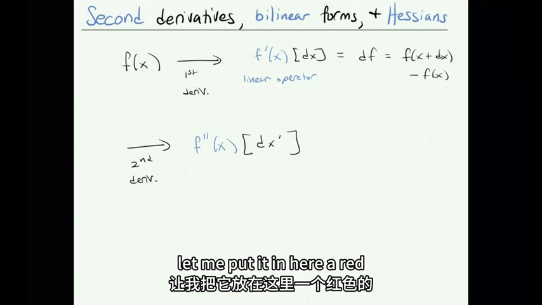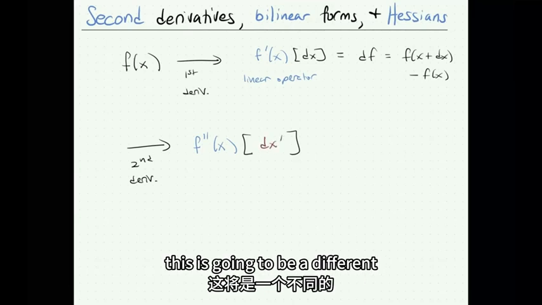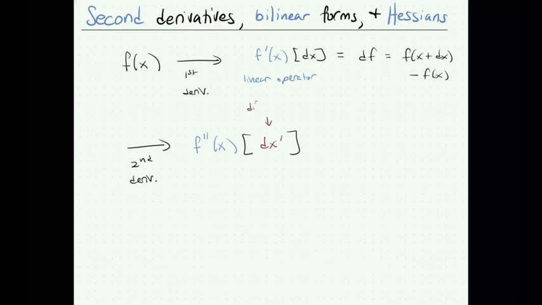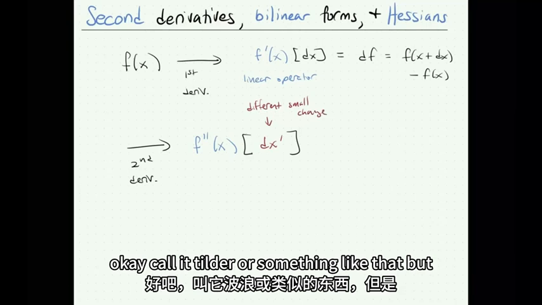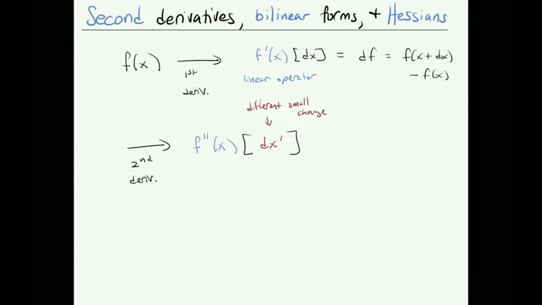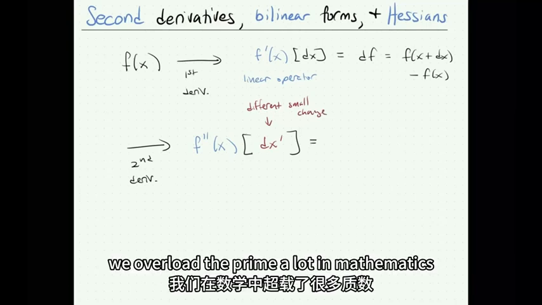Let me put it in red. So prime here is not derivative, it's just different. Call it tilde or something like that, but we overload the prime a lot in mathematics.